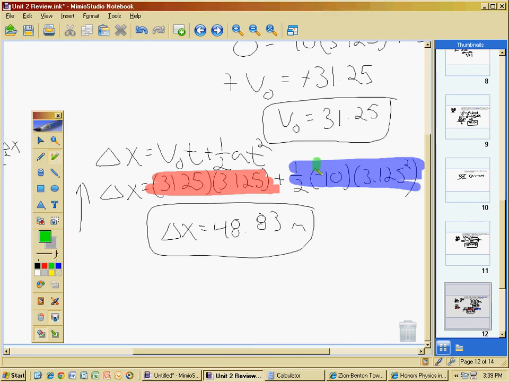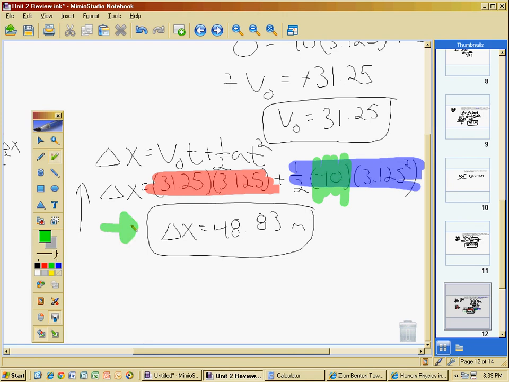If you forgot to make this acceleration here negative, instead of plus negative half times 10 times 3.125 squared, you're going to get plus a positive. This number is going to be much, much larger here, and it shouldn't be. So be very, very careful with that.